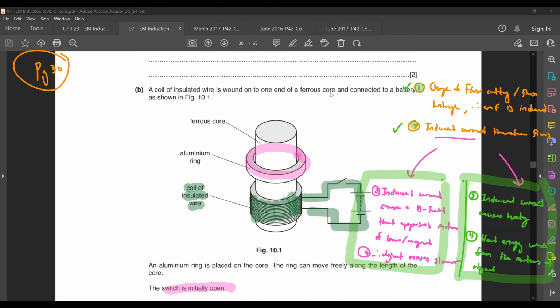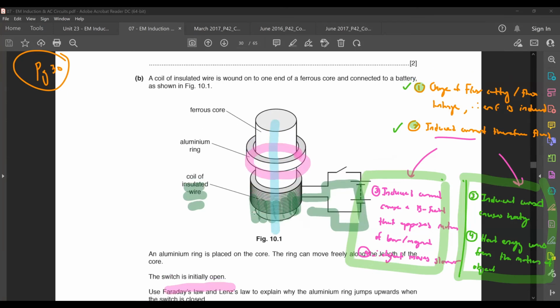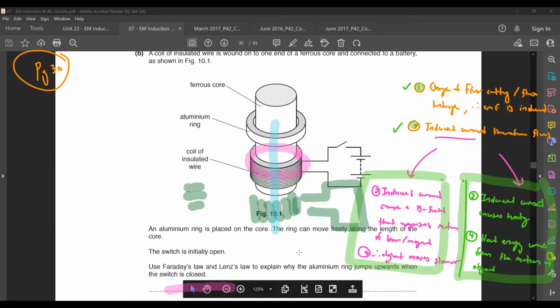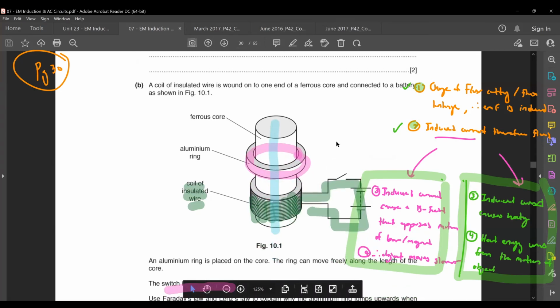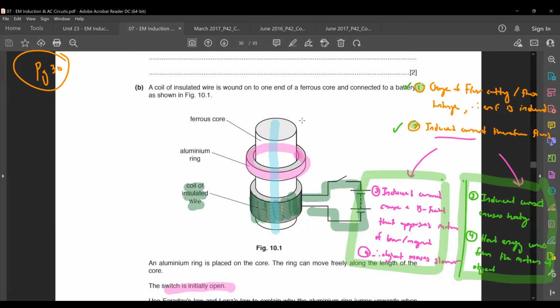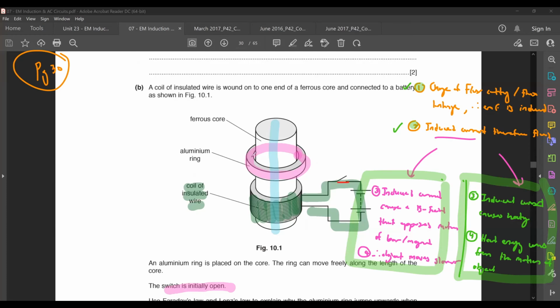The aluminum ring and the coil of insulated wire are connected by this ferrous core here. So they say that your switch was initially open, and then they ask you, why is it that when you close the switch, the aluminum ring will suddenly jump out? So what they're asking is, why is it that the moment I close this switch here, my aluminum ring will start to jump out?